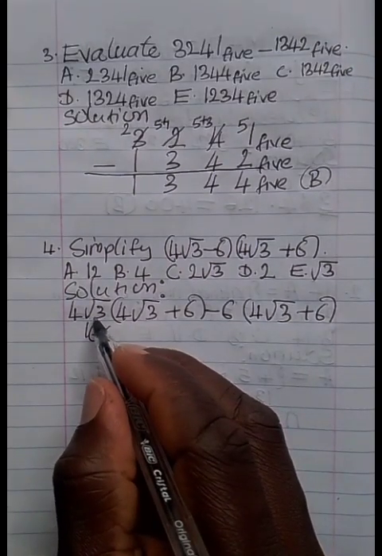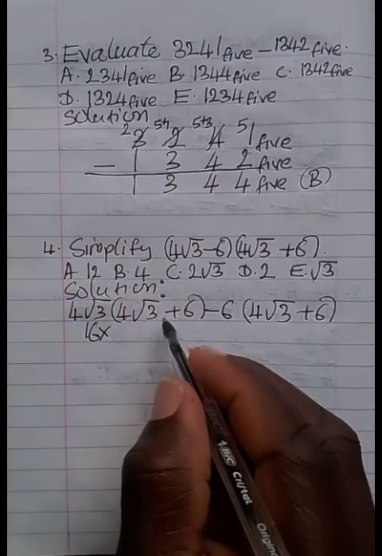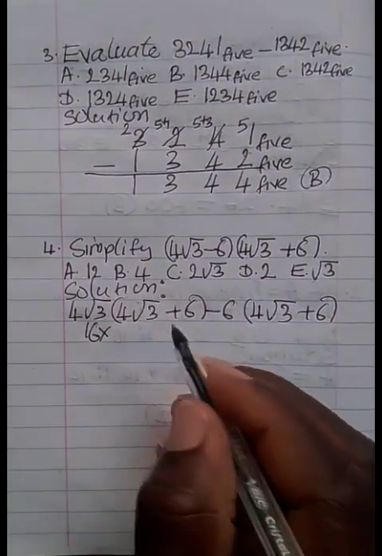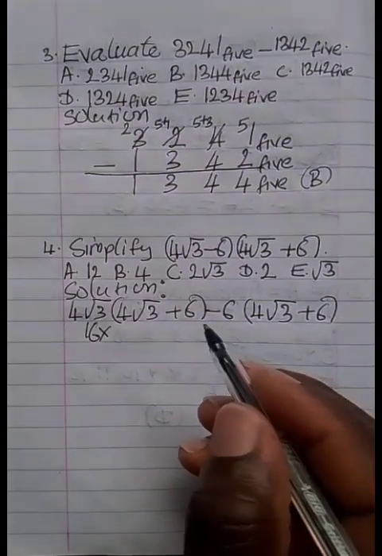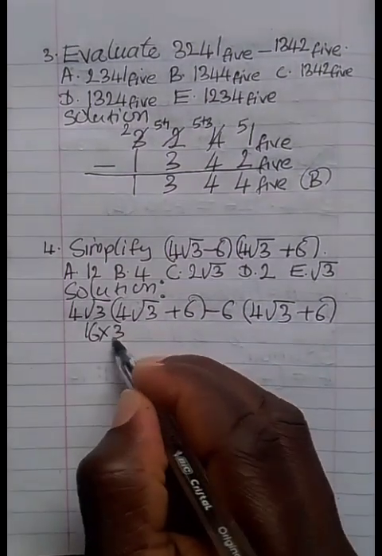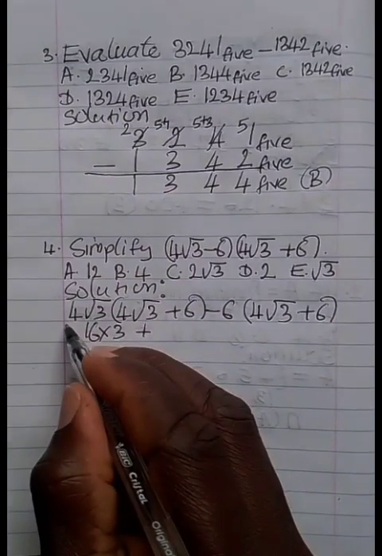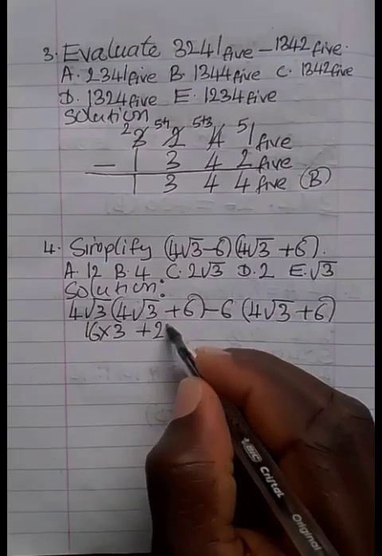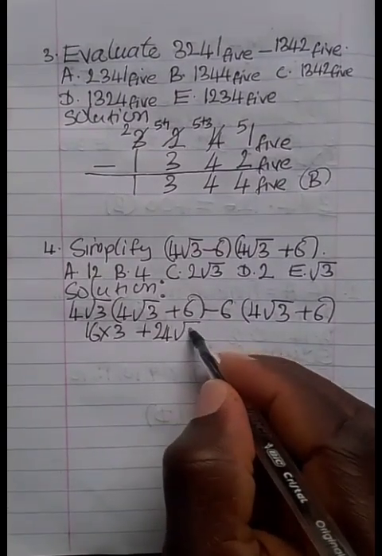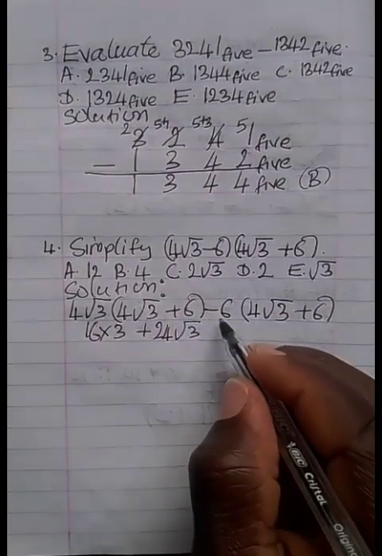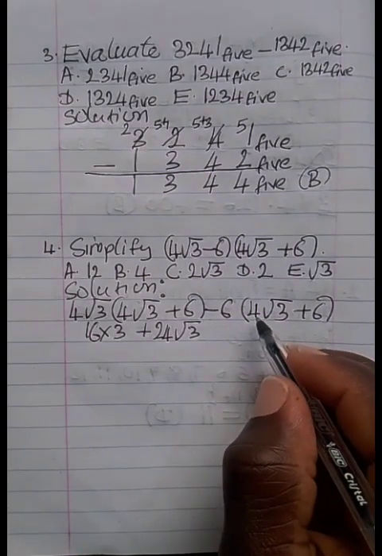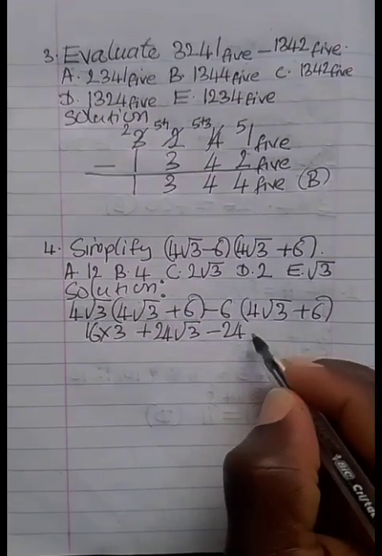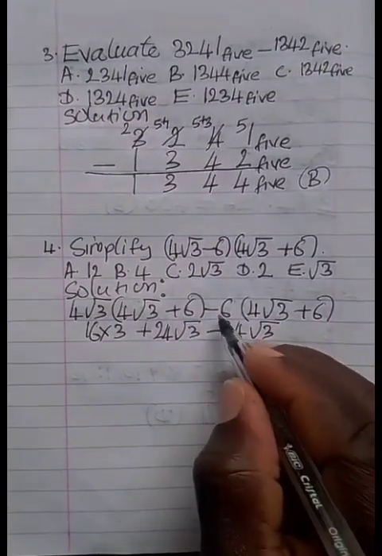Root 3 times root 3 is 3. That is, you have 16 root 9, which is equal to 48, plus 4 root 3 times 6, that is 24 root 3. You come here, minus 6 times 4 root 3, minus 24 root 3.